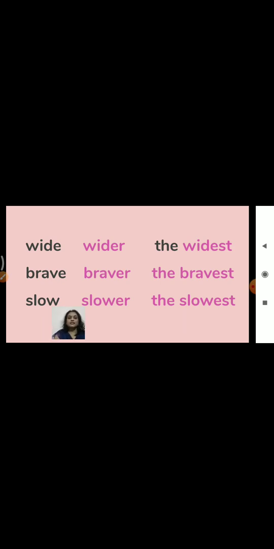Next, again here you can see wide dash the dash. Now what will come here? We have to find out the comparative degree and the superlative degree. So wide, we have added ER, wider, and then the widest. Wide, wider, the widest.